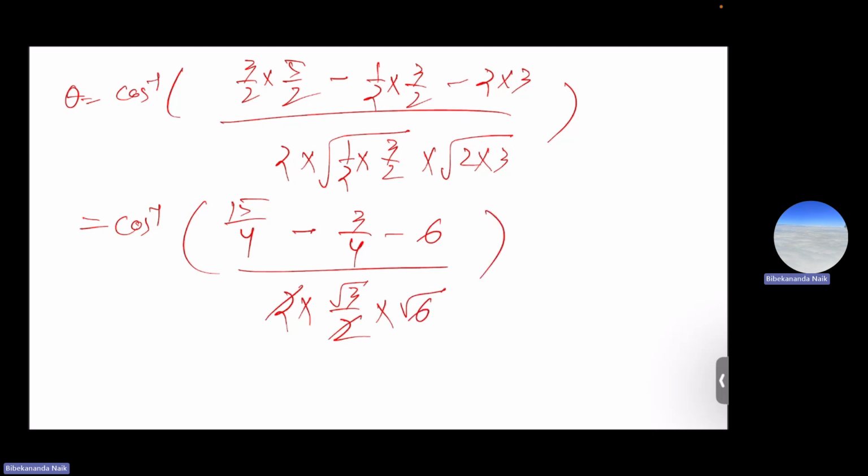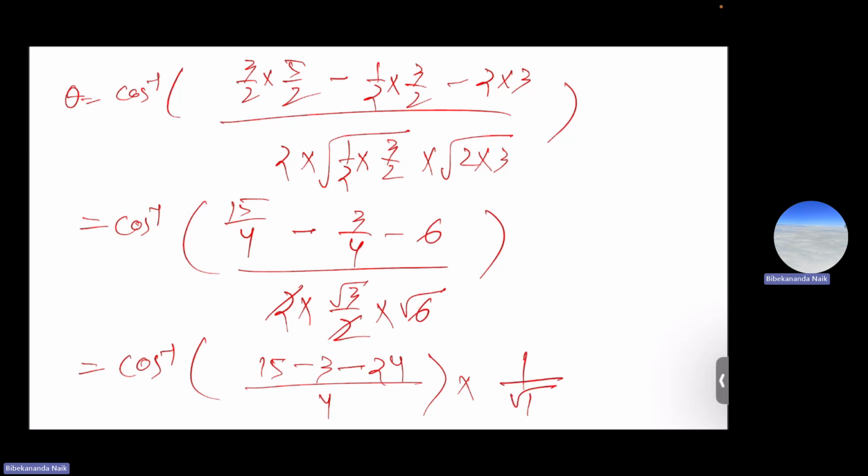The 2 and 2 get cancelled out. Cos inverse of 15 minus 3 minus 24 divided by 4, into 1 by root 18.